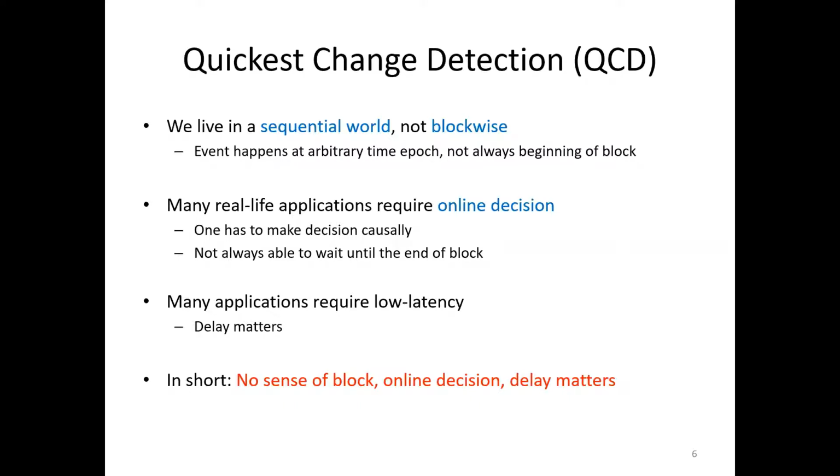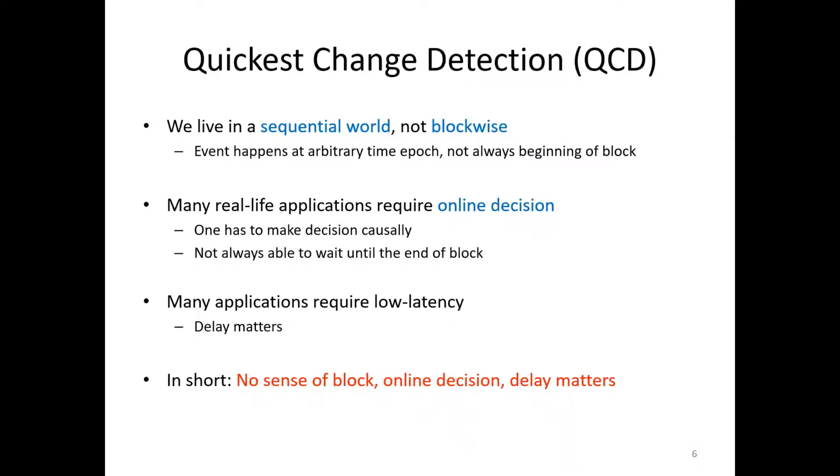There are three main features of the QCD. The first one is that the world is sequential, not blockwise. So events may happen at any time, not just at the beginning of each block. The second feature is that in many applications, we are forced to make online decisions, so we don't have the luxury to wait until the very end of the block.